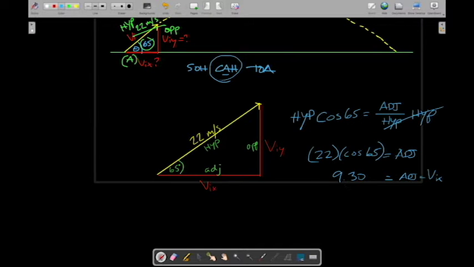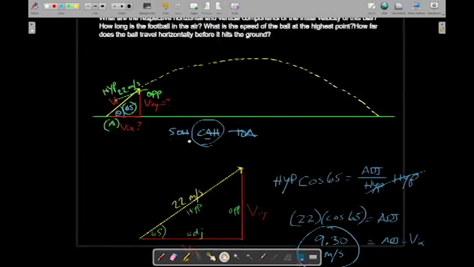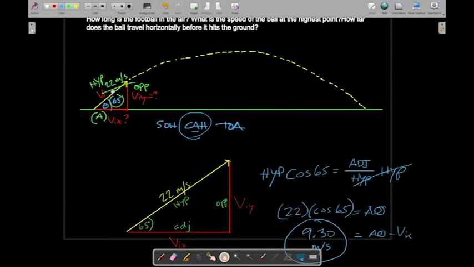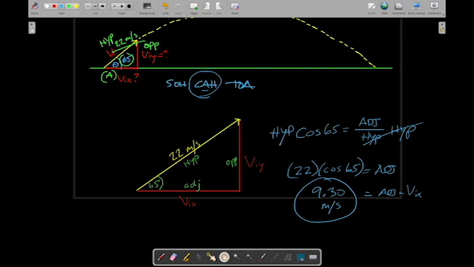And because this is a velocity factor, we're going to say that this is 9.30 meters per second. So that's the horizontal speed of this projectile as the projectile, which is the soccer ball, gets kicked into the air. The horizontal speed, the horizontal motion, is 9.30 meters per second. I'm going to go ahead and write that down here.